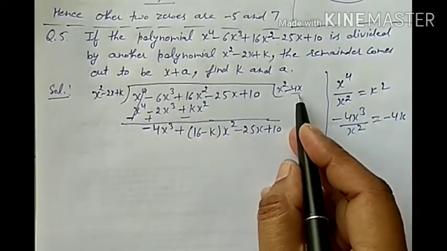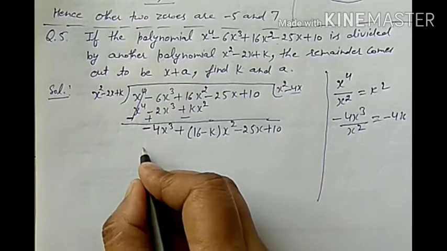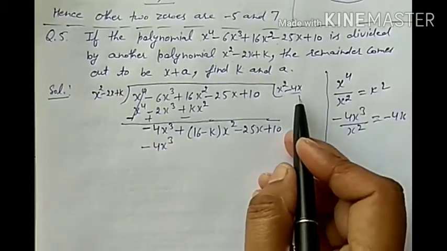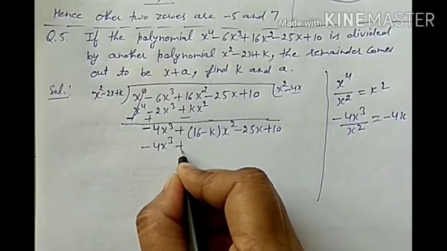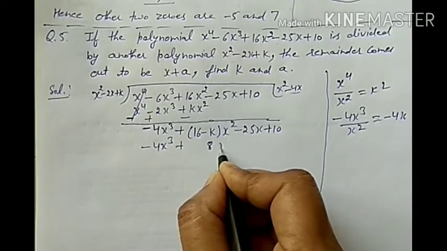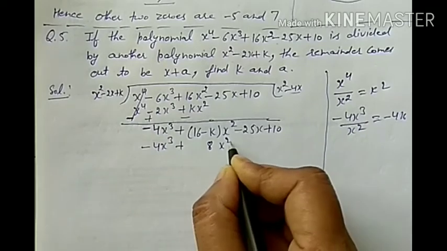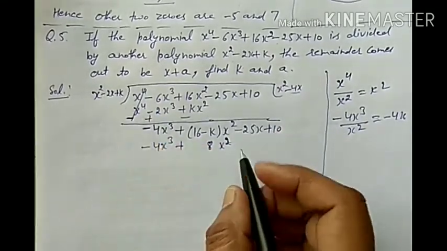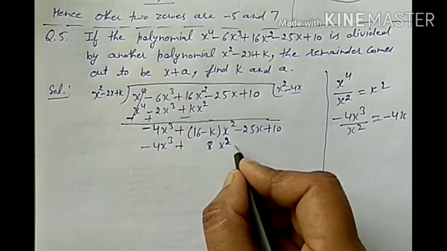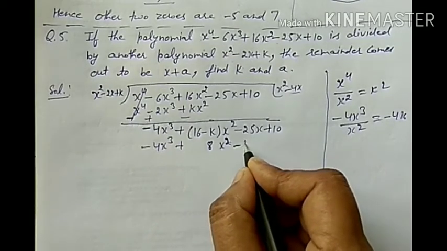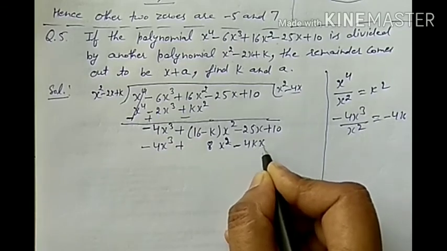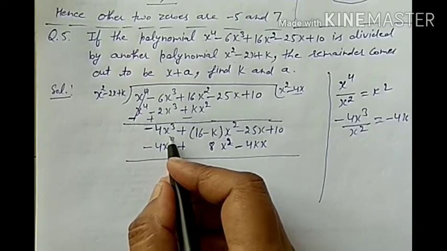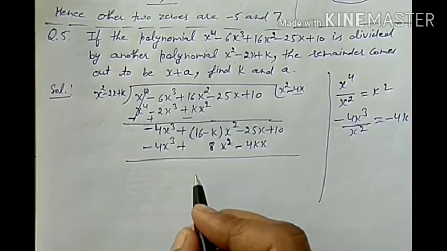So we get minus 4x multiply x square, minus 4x cube, minus 2x times minus 4x, plus 8x square, minus 4x multiply k, minus 4kx, minus 4kx under the same variable, means below the like terms.